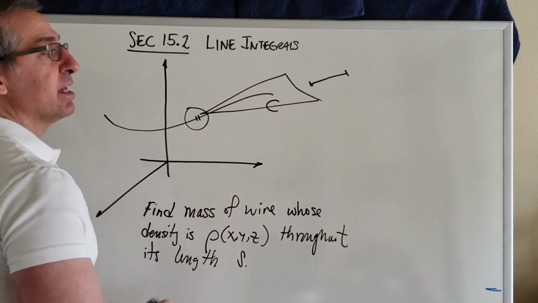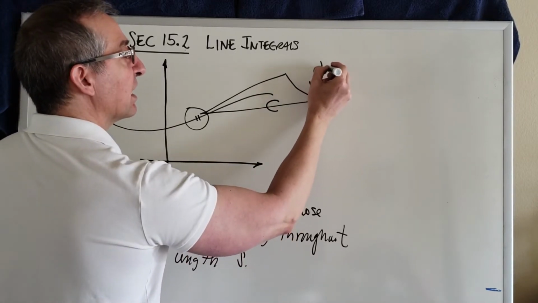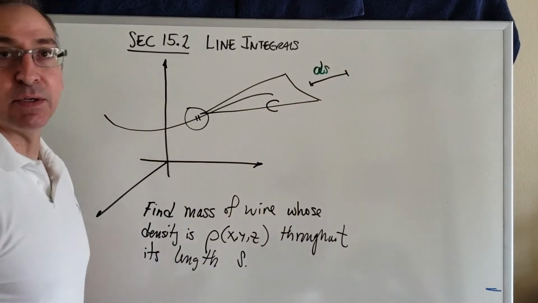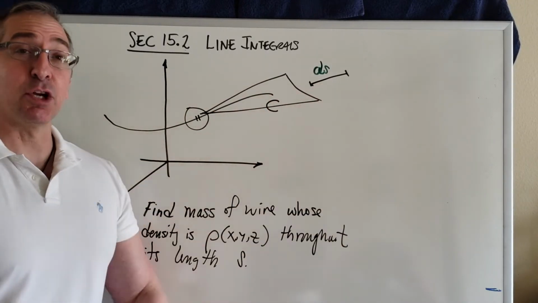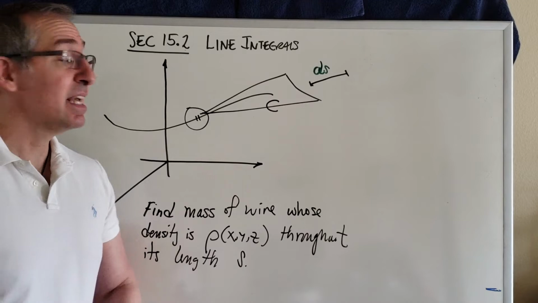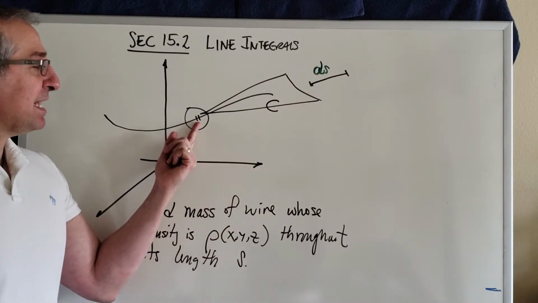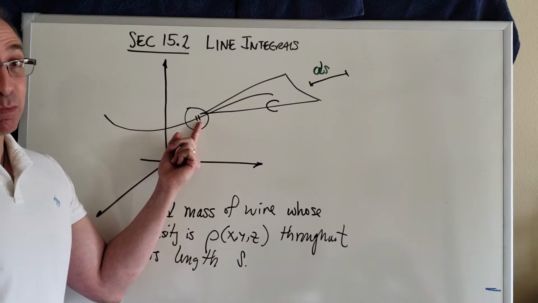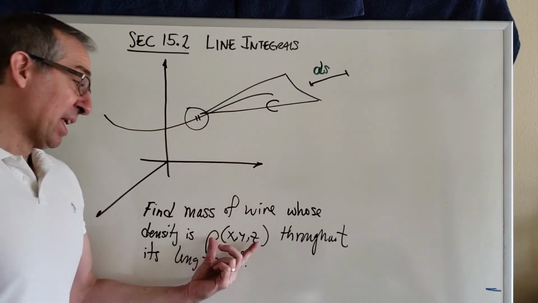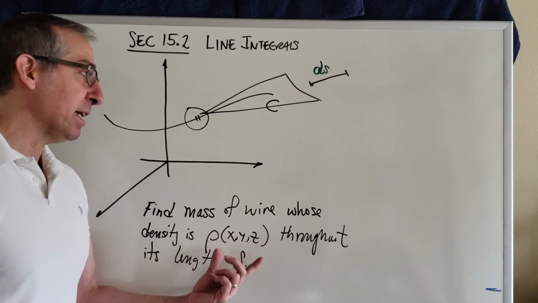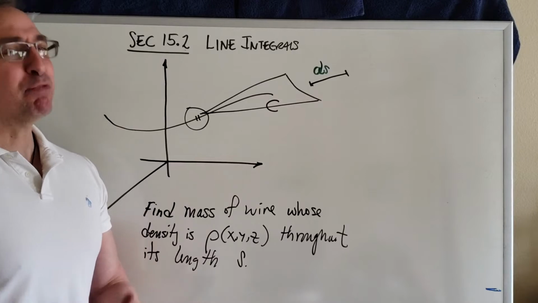Again, the length of that, I'm going to call that ds, okay? The whole curve is s, but this is a differential piece of the curve, so its length is going to be ds. Now, mind you, gang, that thing is really small. You can barely see the daylight between those two little hash marks right there. That's how small this is. So I think we can agree that the density right here over such a tiny, tiny piece of the curve is practically constant.